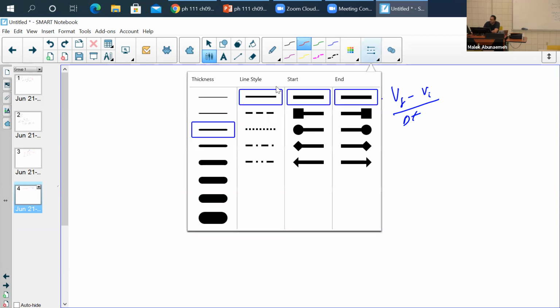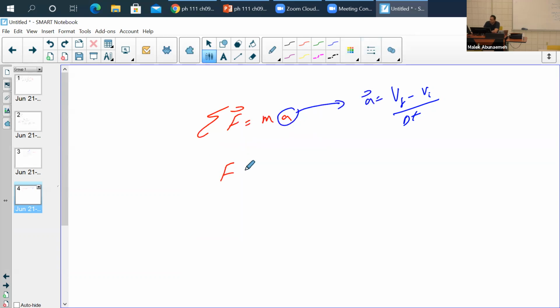So for your force, do that in red. It is going to equal your mass multiplied by your final velocity minus your mass multiplied by your initial velocity, divided by your change in time.